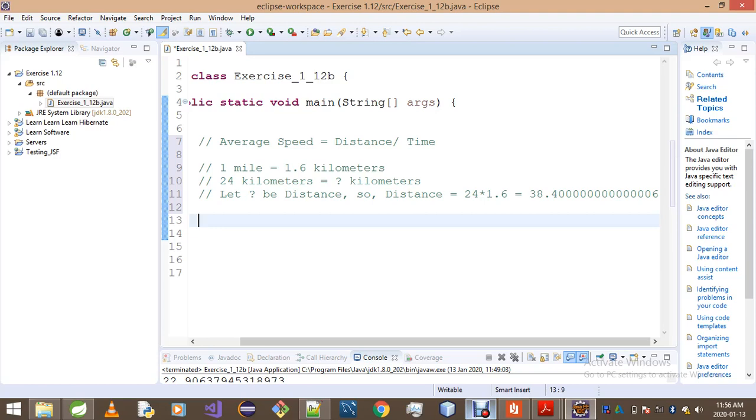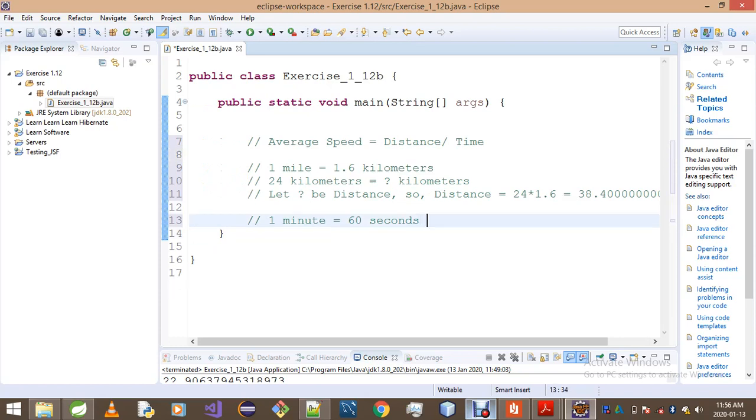So what we know is 1 minute is actually equal to 60 seconds, and this simply implies that 40 minutes is equal to 40 multiplied by 60.